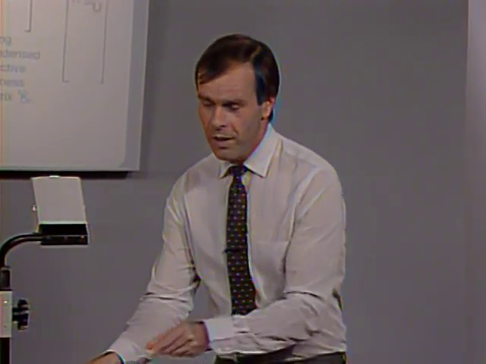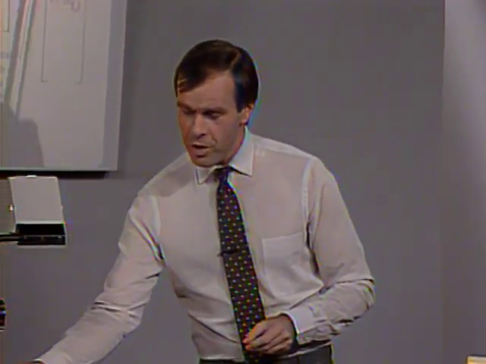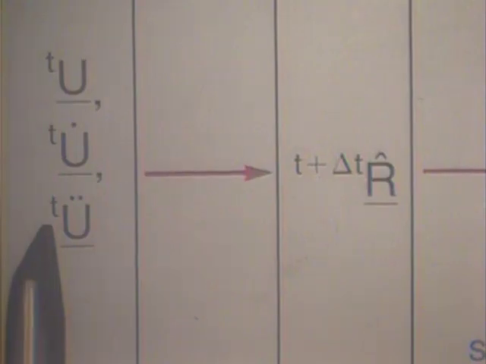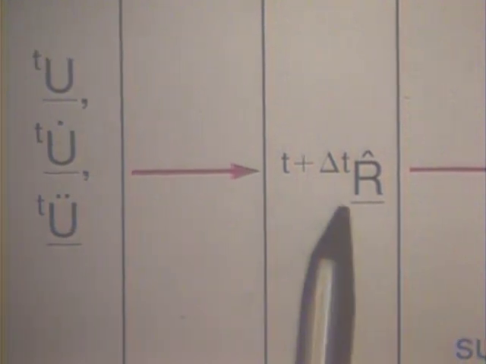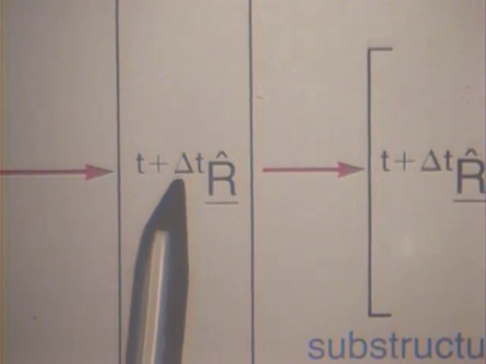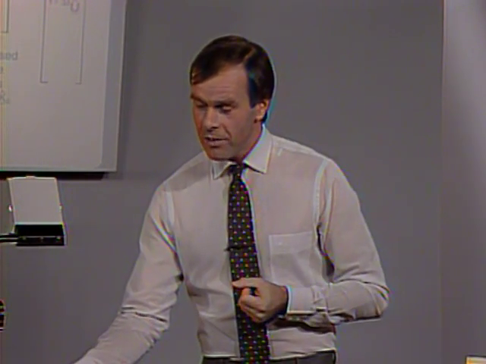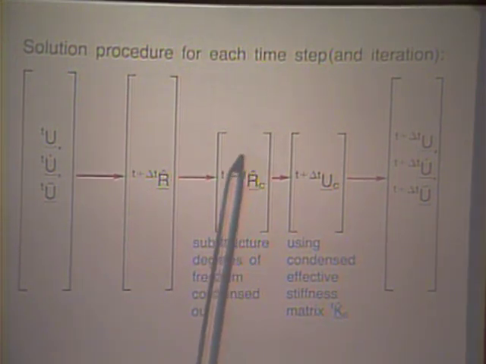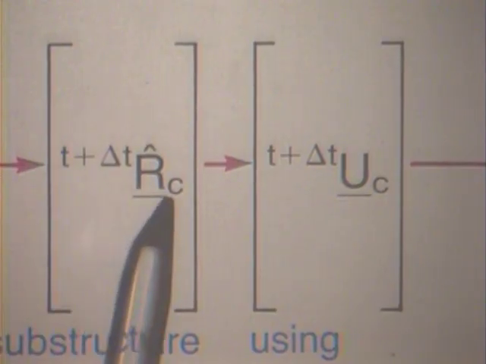Schematically, the solution procedure therefore proceeds as follows. For each time step and each iteration, we start with the displacements, velocities, and accelerations at time t. We calculate the effective load vector corresponding to time t plus delta t, the way I've been talking about it earlier. And then we condense that load vector as shown here to the condensed load vector, C, meaning condensation.